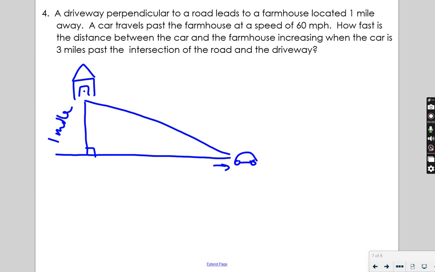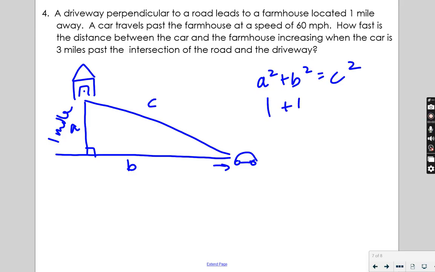So what equation can we use that relates the sides of the triangle? Yep. Well, let's do A, B, C. A squared plus B squared equals C squared. You guys said the driveway distance isn't changing, so I'm going to plug that in now.